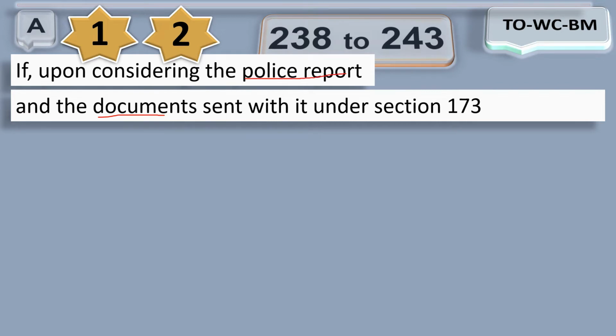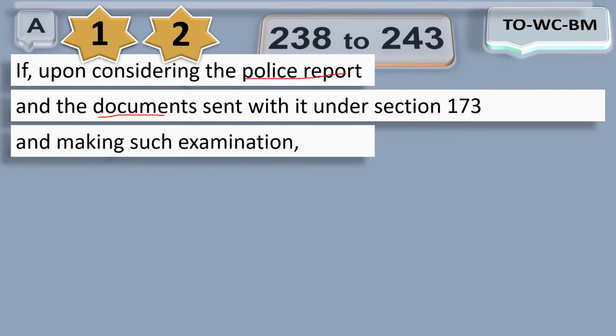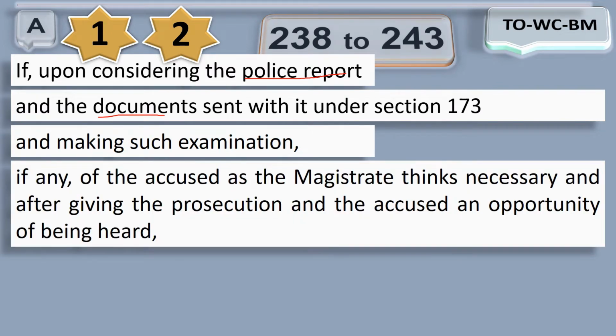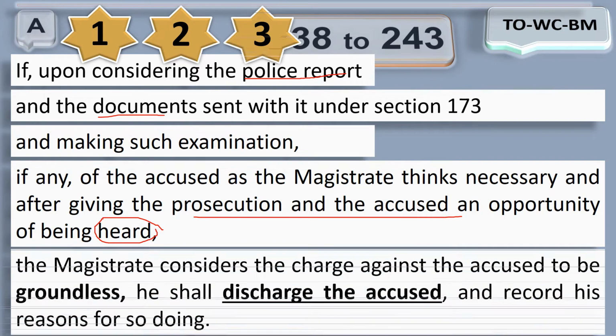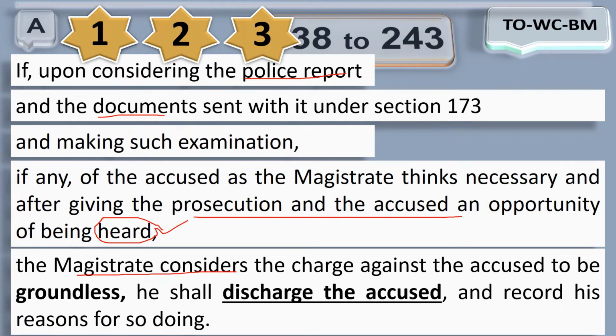And after making such an examination, if the magistrate thinks necessary, and after giving the prosecution and the accused an opportunity of being heard, which means he is going to give the opportunity to both the parties. So we have done all the 3 things. Now section 239 informs us that the magistrate considers that the charge against the accused to be groundless, means there is no such ground that he thinks he has committed the crime.